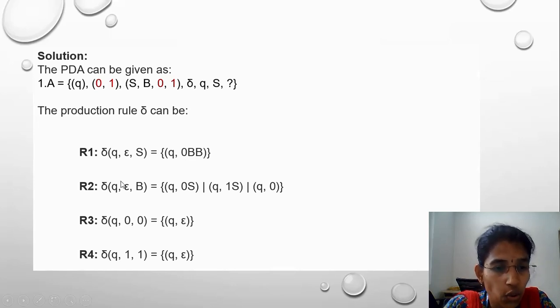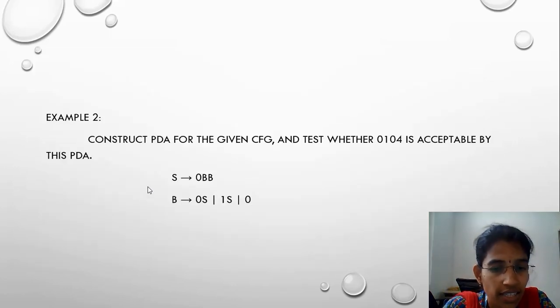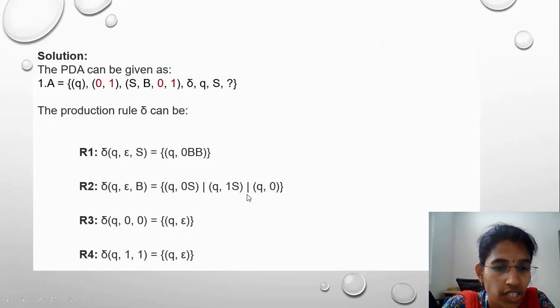The second rule is for the non-terminal B, where we have three values. B tends to 0S, 1S and 0. So here I write three rules for non-terminal B. The state is the same: Q comma 0S, Q comma 1S or Q comma 0.